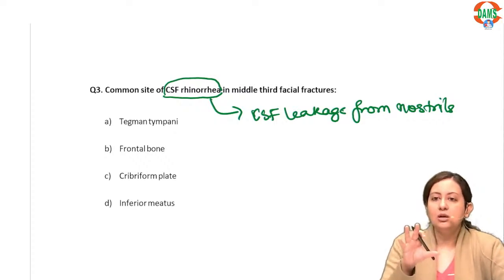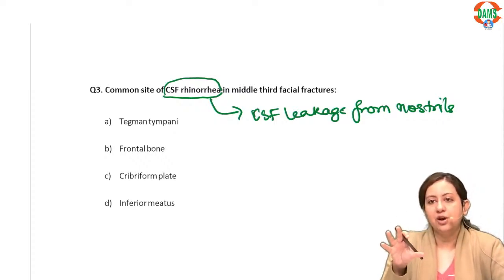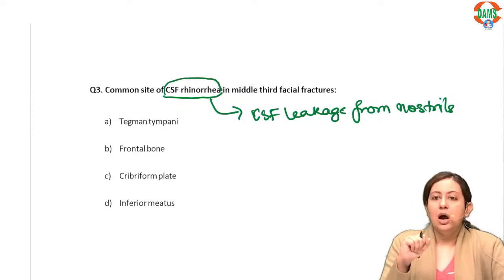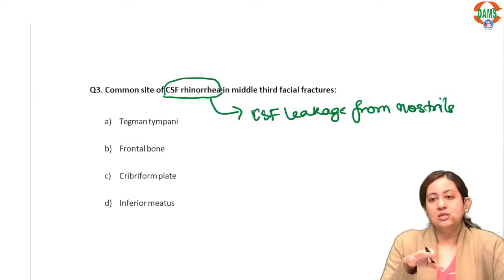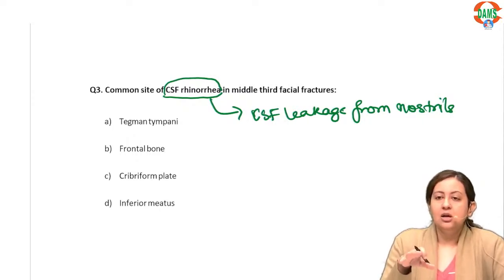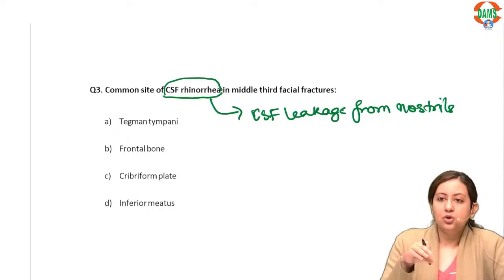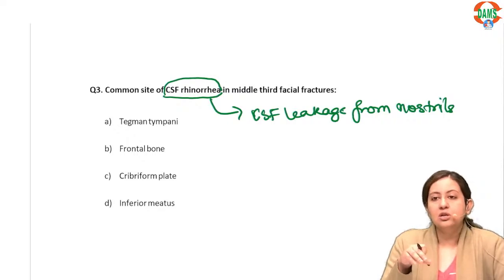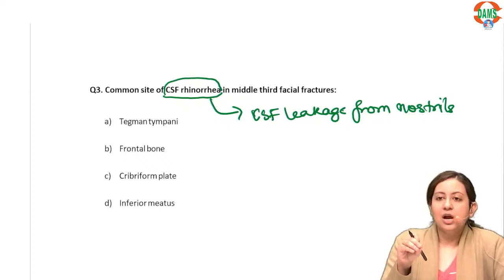Amongst all of this, CSF is most likely to be seen in Lefort 2 and Lefort 3. Apart from that, NOE fractures, that are naso-orbito-ethmoidal complex fractures, can also present with a CSF leak.